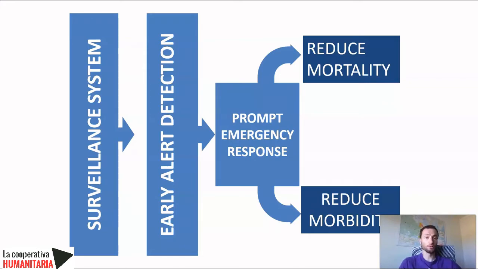The response will include two lines of interventions. One is to reduce mortality and the other is to reduce morbidity. So reduce the number of people severely affected that could die, and also reduce the quantity of people infected by the disease, the morbidity.